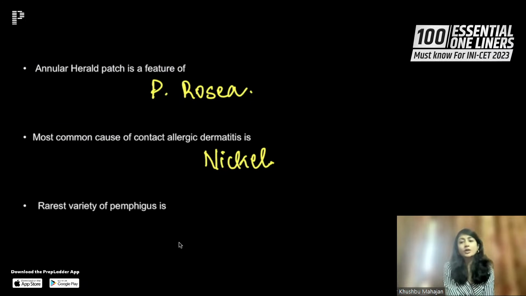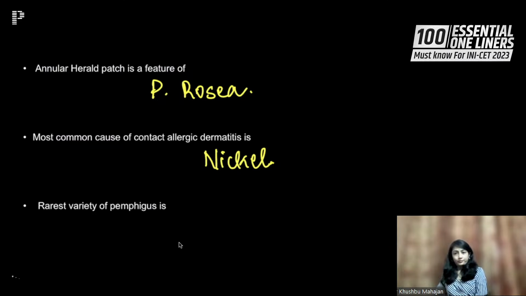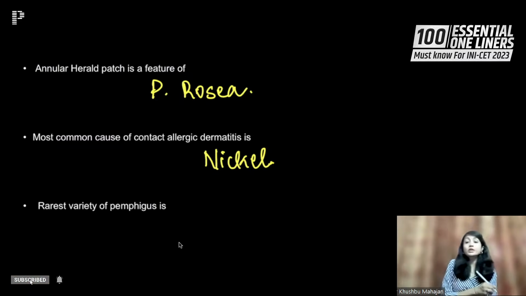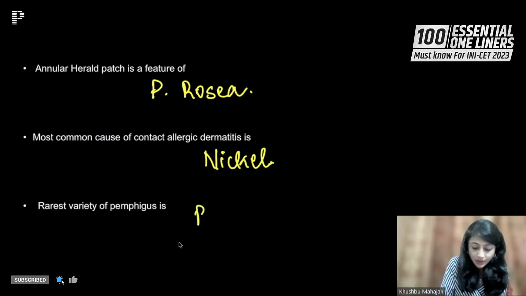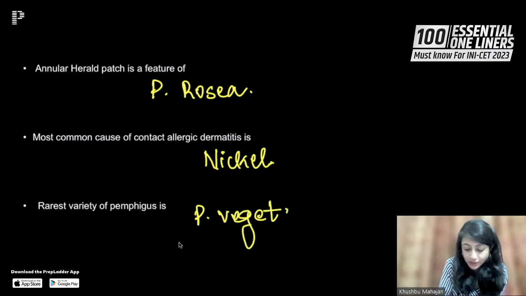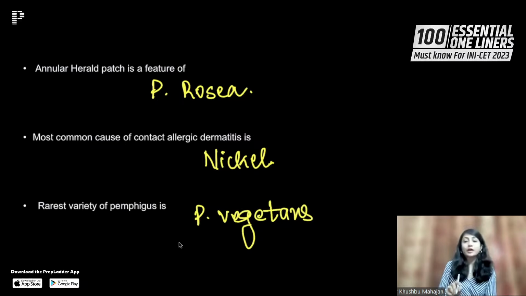Which is the rarest variety of pemphigus? No, it is not pemphigus foliaceus. It is pemphigus vegetans. Pemphigus vegetans is the rarest variety of pemphigus. Remember this.